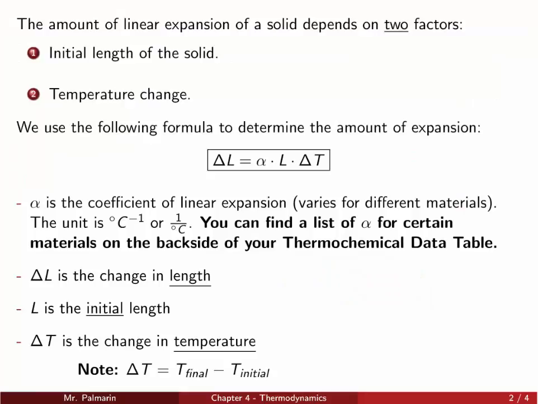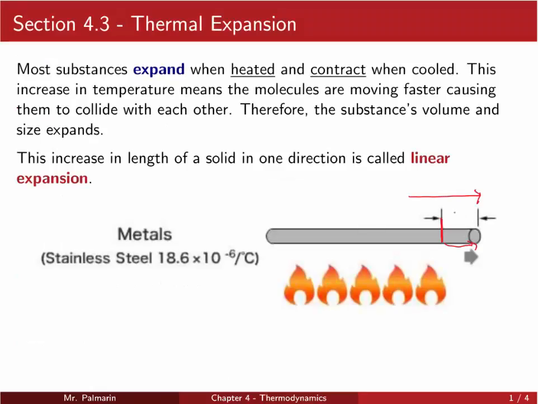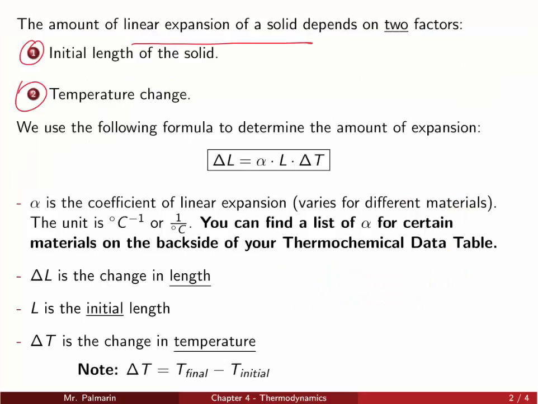The amount of linear expansion of a solid depends on two big factors: the initial length and the temperature change, obviously. The change in length, this right here, is determined via this formula: change in length is equal to some constant times the initial length times the change in temperature.